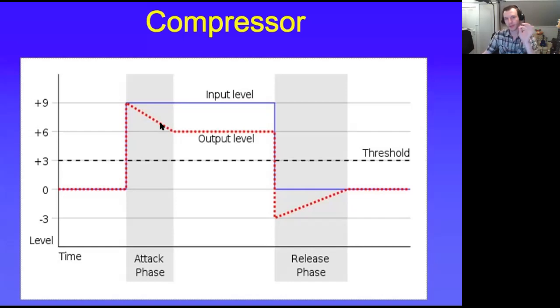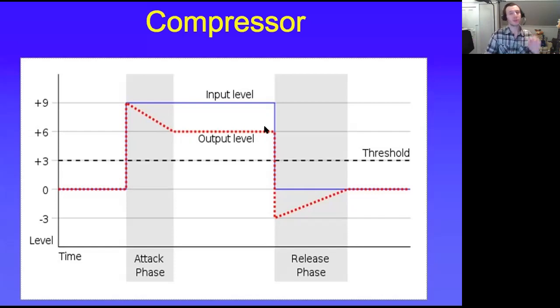And one of the key parameters of a compressor is the attack time, which is how fast does a compressor bring the volume down. As long as that signal stays above our threshold point, the compressor continues to act upon it at the completely adjusted volume level.